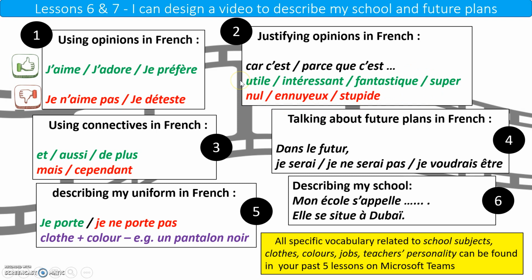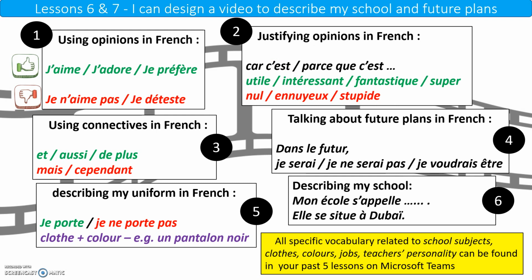So I've put 4 positive adjectives. Utile, intéressant, fantastique, super. That are useful, interesting, fantastic, and great. So you could say, for example, j'aime le français car c'est intéressant. I like French because it's interesting.